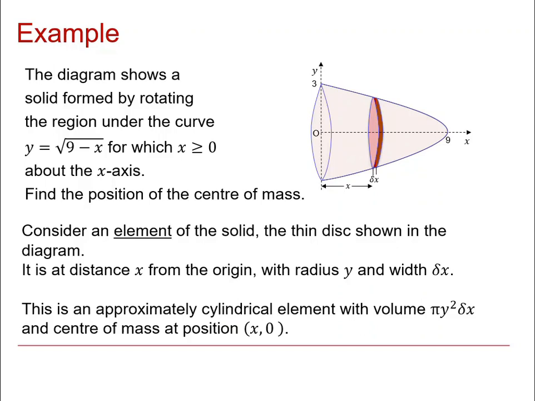So if we have a volume density, which we'll usually denote by k, we've got the mass, and so by considering it as a disk, we can say that its centre of mass is at the centre, and we can replace the disk by a particle on the axis. And so each of those disks is a particle, and we end up with a line of particles, which we can analyse in the ways we've done before.